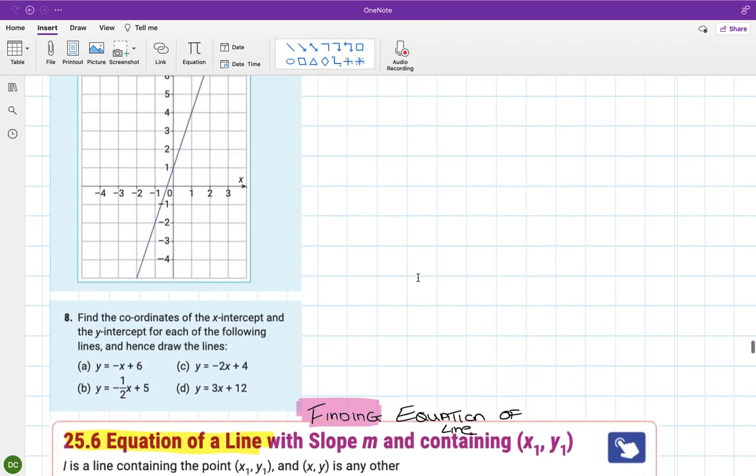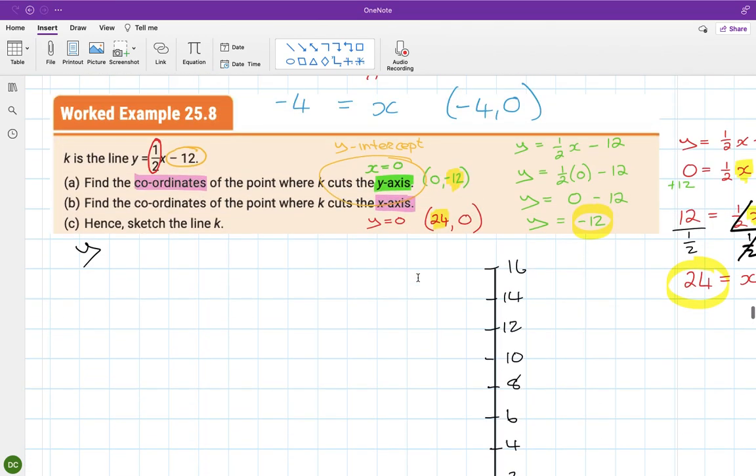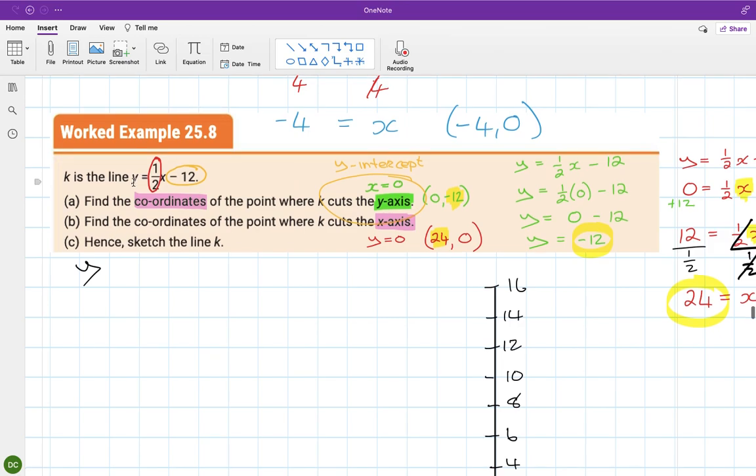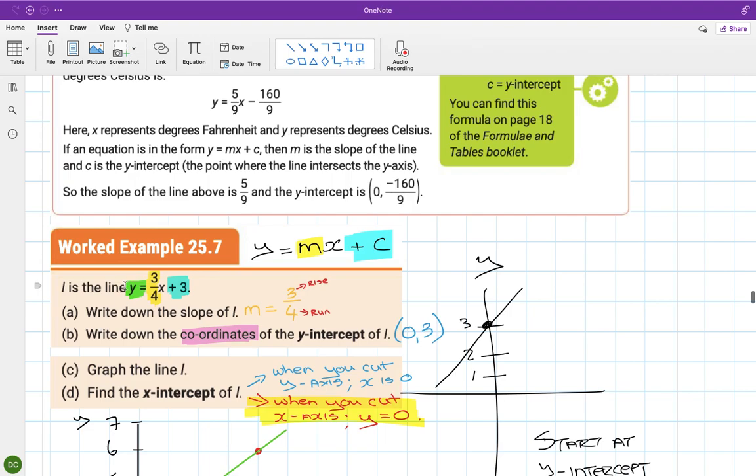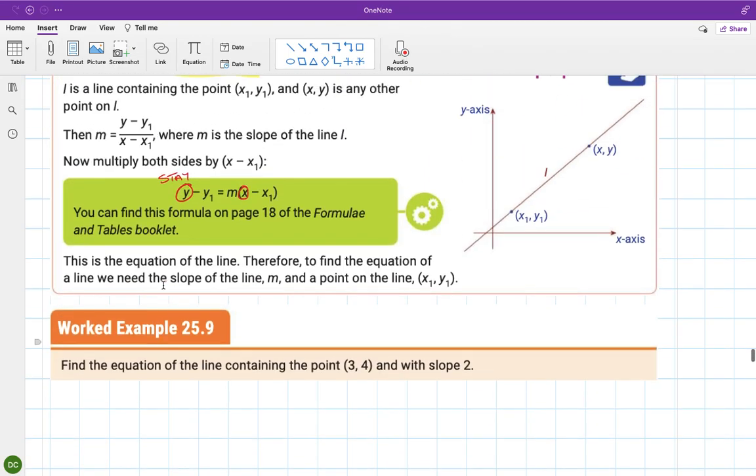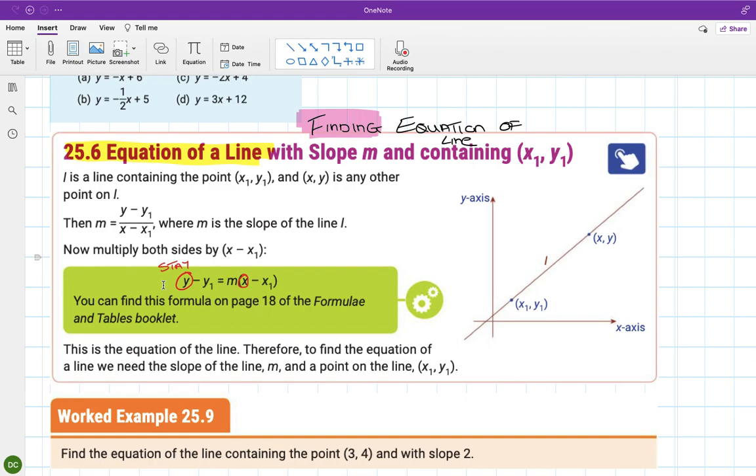Because if you look at the ones we've done already, there is a y and an x in the equation of a line. There's meant to be a y and an x when you do an equation of a line, and they're the ones that stay and form part of the answer.